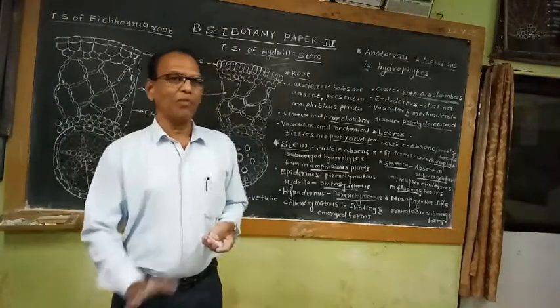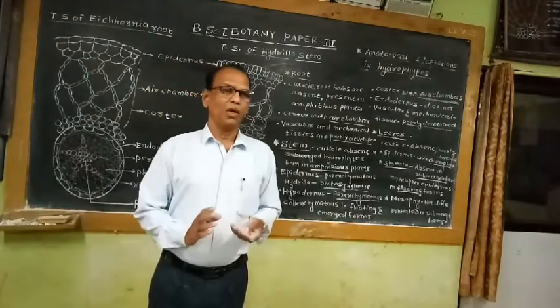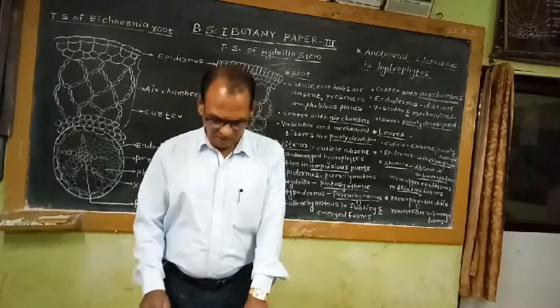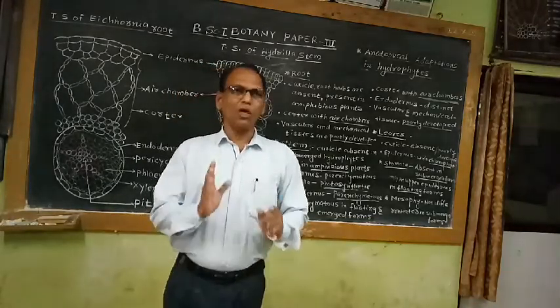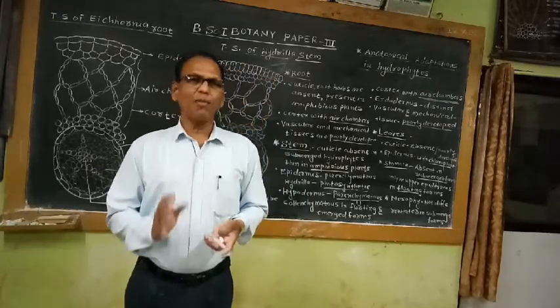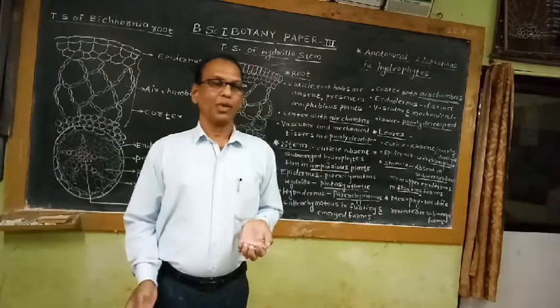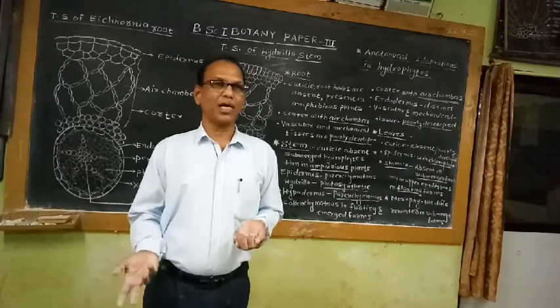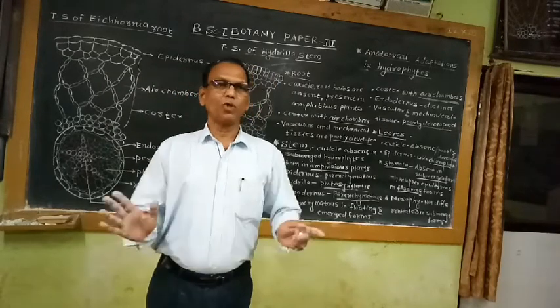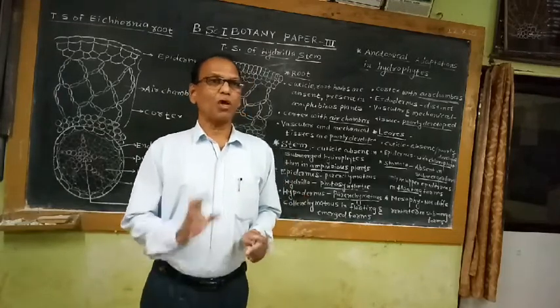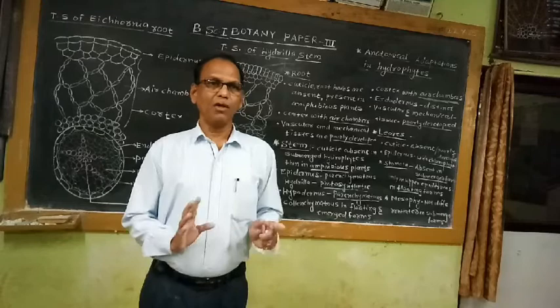The first important physiological adaptation shown by hydrophytic plants is that water and nutrients are absorbed by the entire plant body. In epiphytes, parasites, mesophytes and xerophytes, other plant organs are not involved in the absorption of water and nutrients.